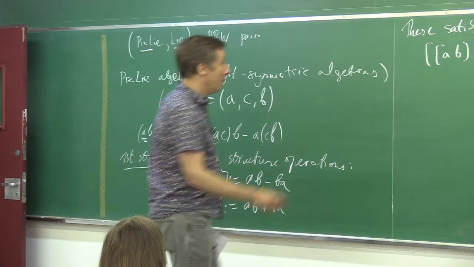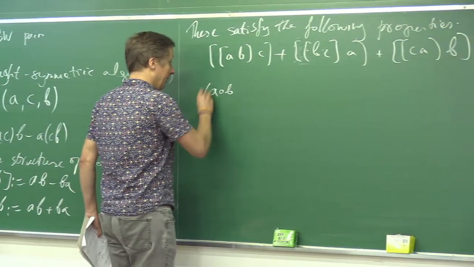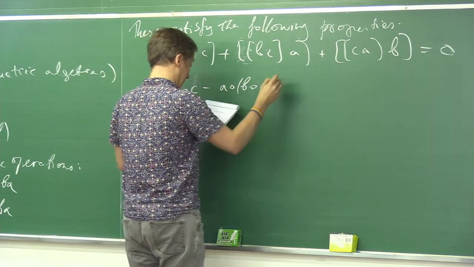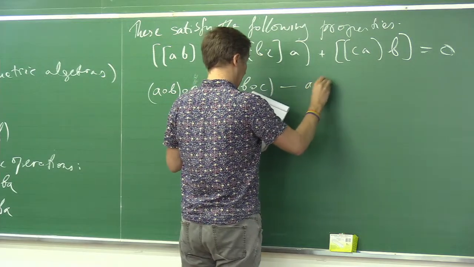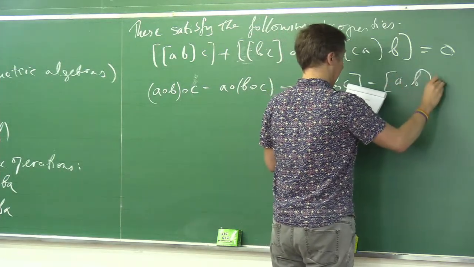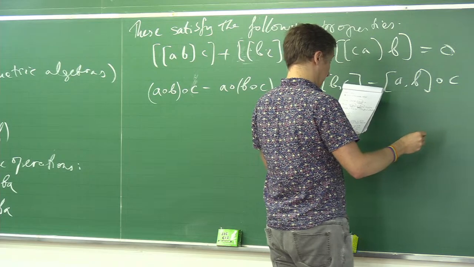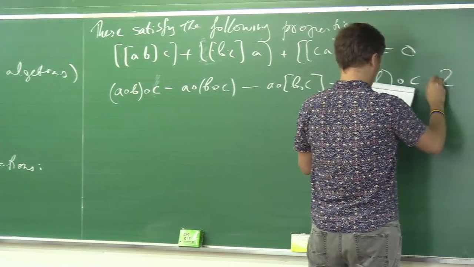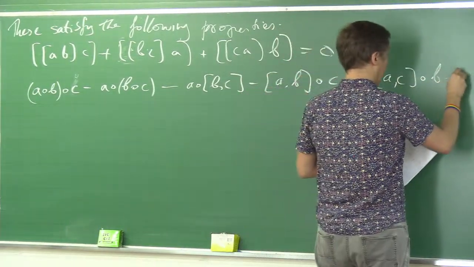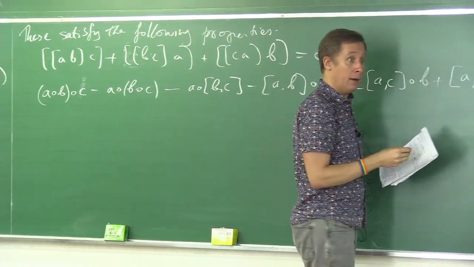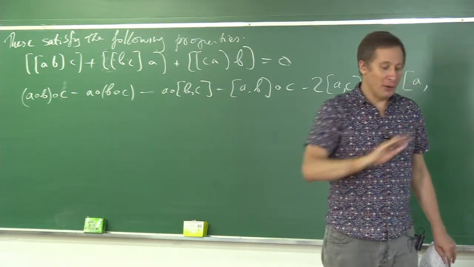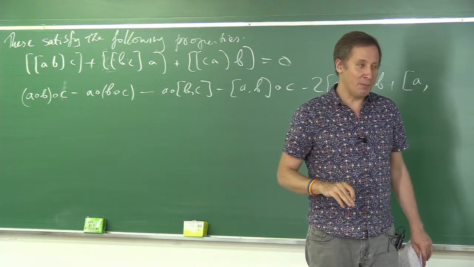Well, let me write it. It will be a little bit heavy, but (A circle B) circle C minus 2 A circle (B circle C) plus A bracket (B circle C) plus A circle B bracket C plus A circle C bracket B. Everything throughout this course, unless otherwise specified, happens over a field of characteristic 0.